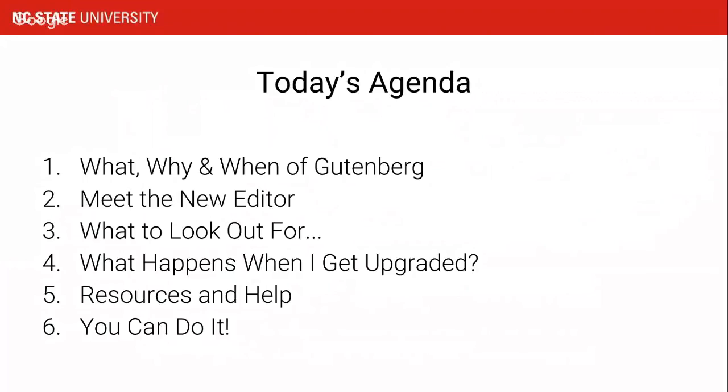Then we'll shift gears and talk about what's actually going to happen to your website when you get upgraded to the new editor. Talk about some resources and give you some general words of encouragement. It's a big change. It's a change that I'm actually really excited about, but hopefully, if nothing else, at the end of this presentation, you'll have some idea of what's coming and what it'll look like.